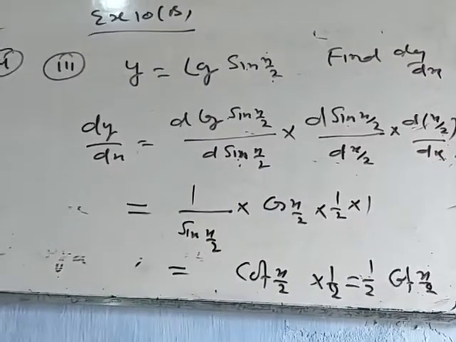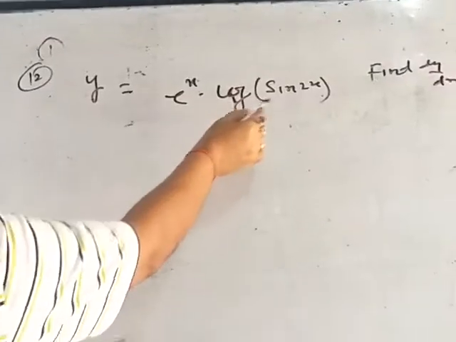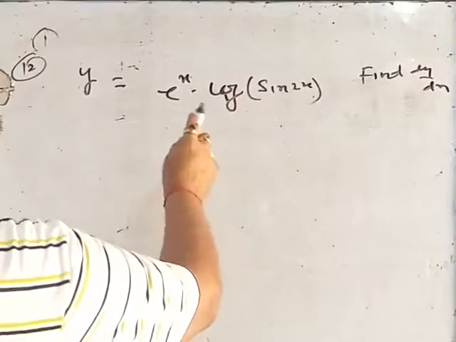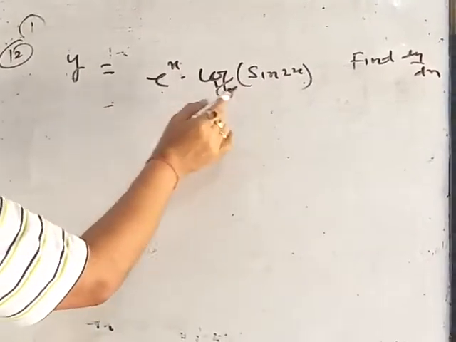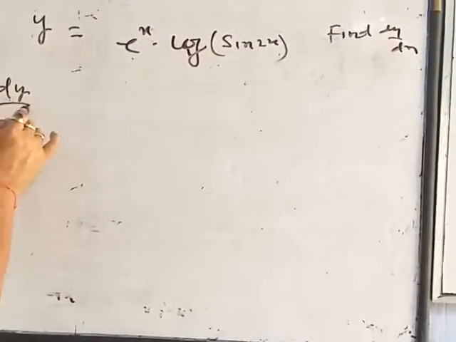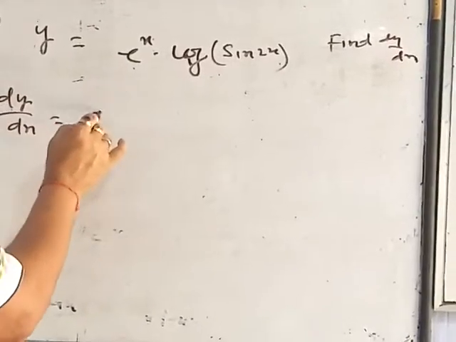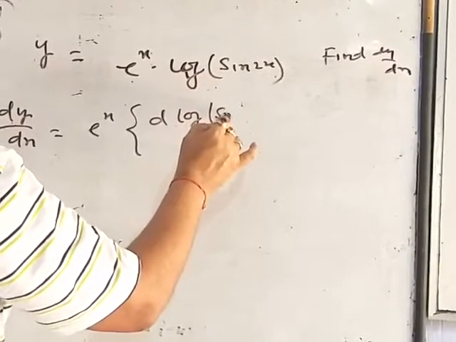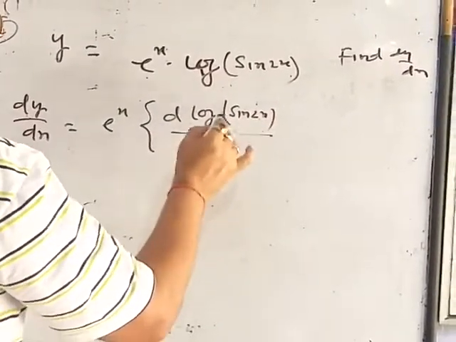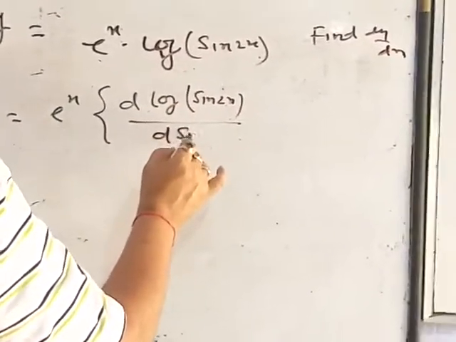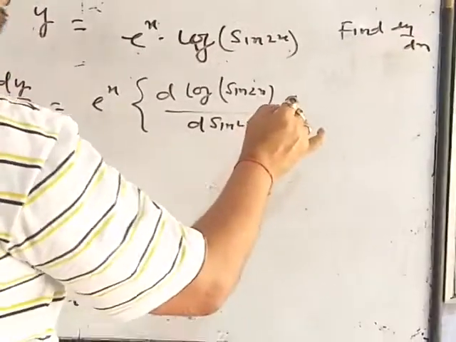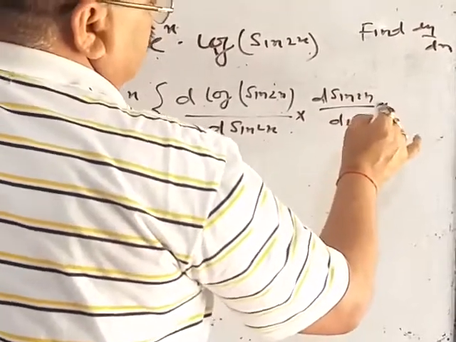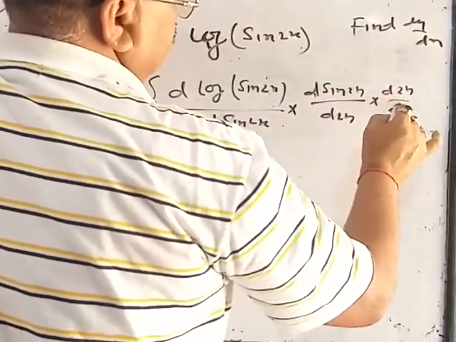Next, student, e power x into log sin 2x. First of all we apply product rule, then we apply chain rule. First function is e power x, second function is log sin 2x. So dy by dx is first function times d of log sin 2x, which depends upon d sin 2x, and d sin 2x depends upon 2x, and d 2x by dx.